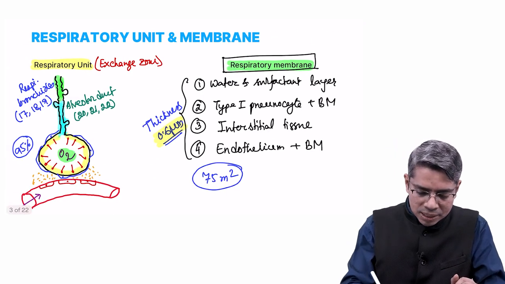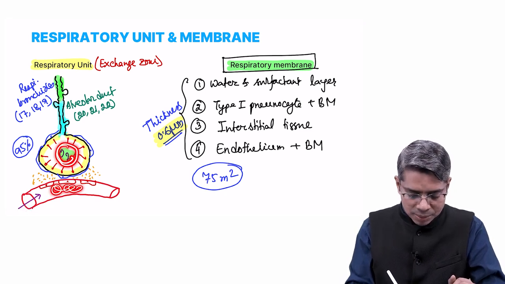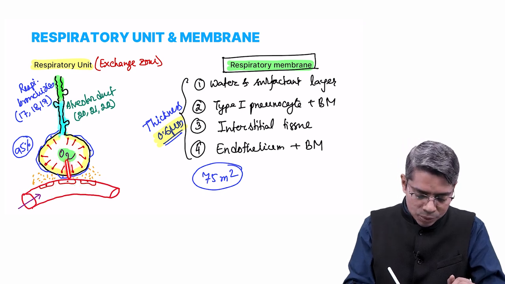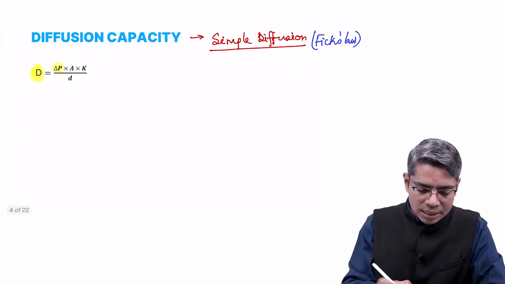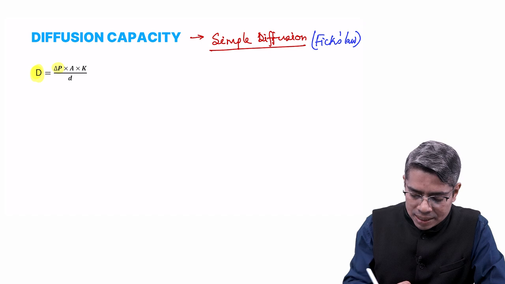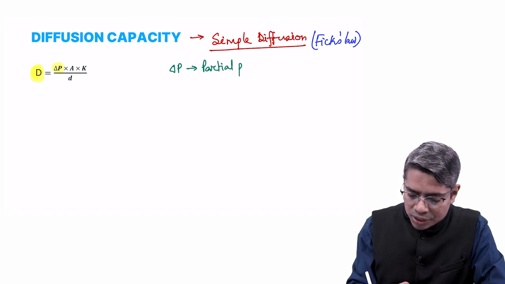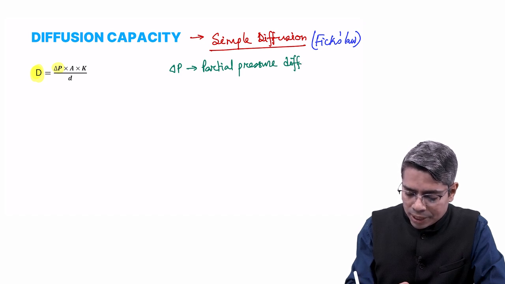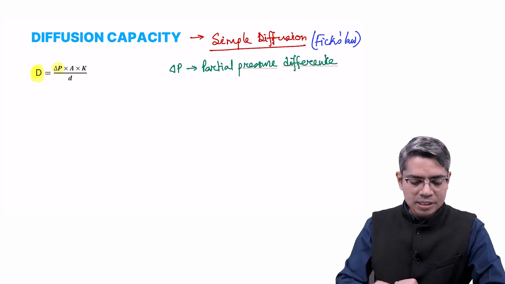If you measure the partial pressure of oxygen at the level of alveoli and at the level of capillary blood, the difference between these two is nothing but delta P. So delta P is the partial pressure difference between alveoli and capillary blood. Got it? Okay.